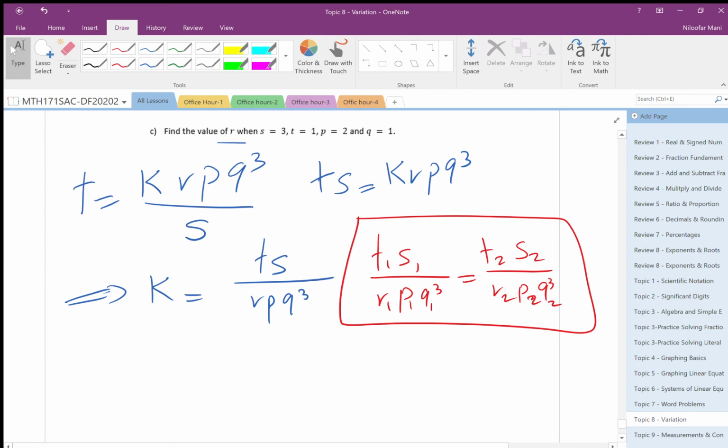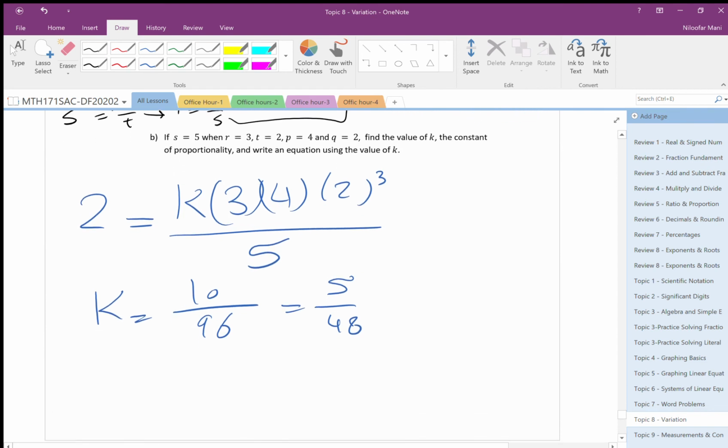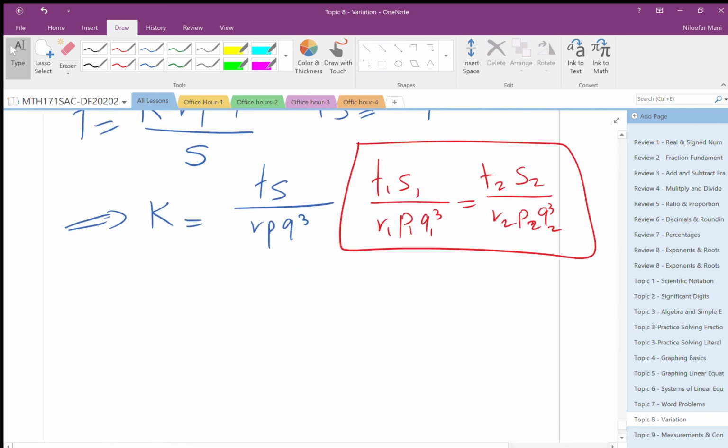I can use the other one as my second situation. So for situation one, S is 5, R is 3, P is 4, T is 2, Q is 2.